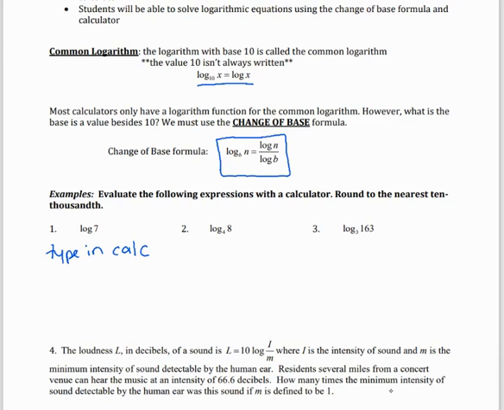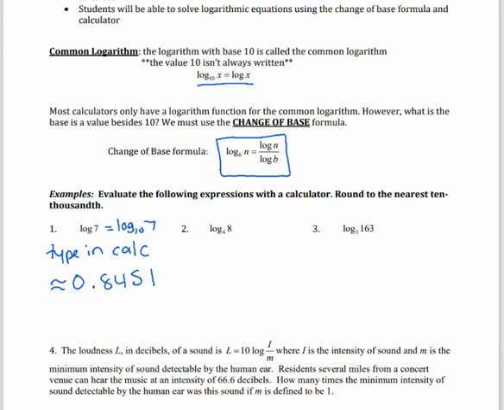That gives me approximately, it says round to the nearest 10,000th, 0.8451. Please just remember this is the exact same thing as log base 10 of 7. So that one is nice and easy since it's already a base of 10.